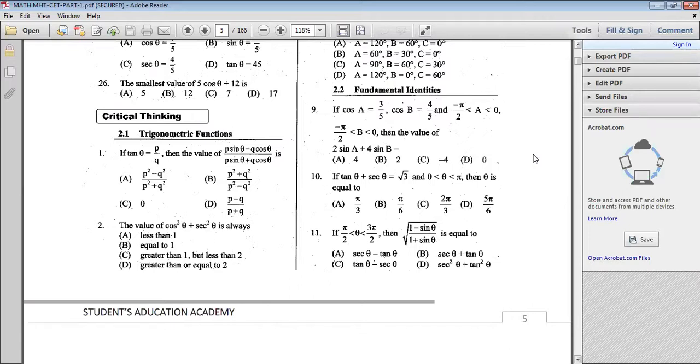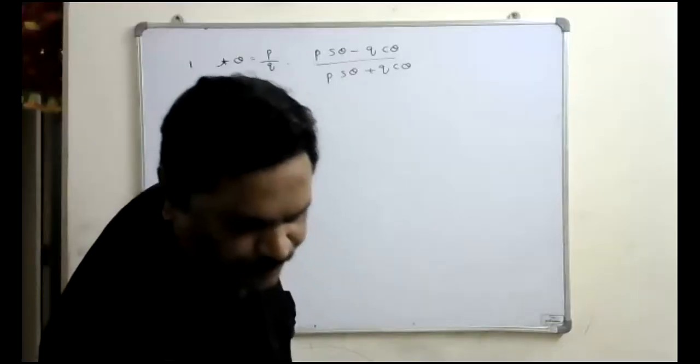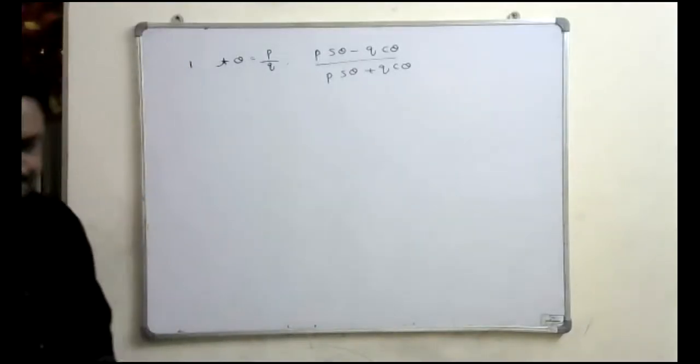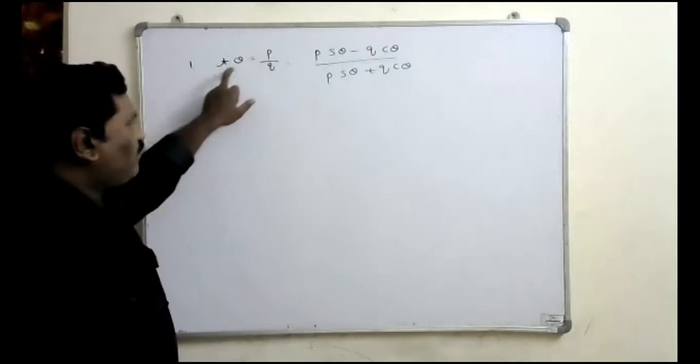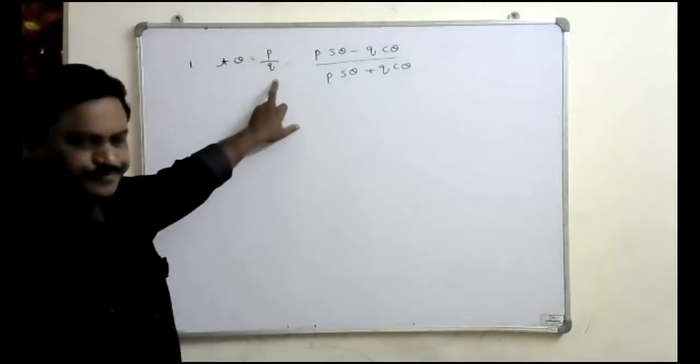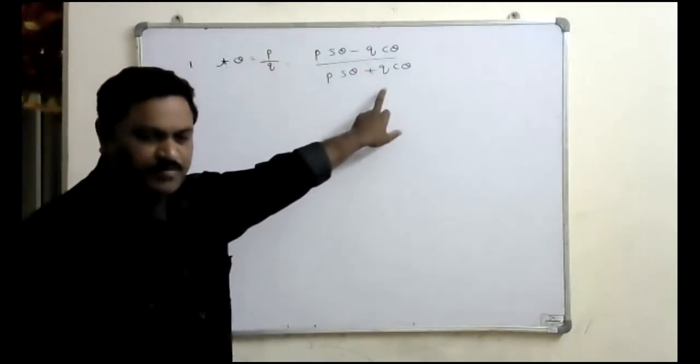So this is what we have to find. So once observe this problem, tan theta value is given P by Q. Then we have to find the value of this.